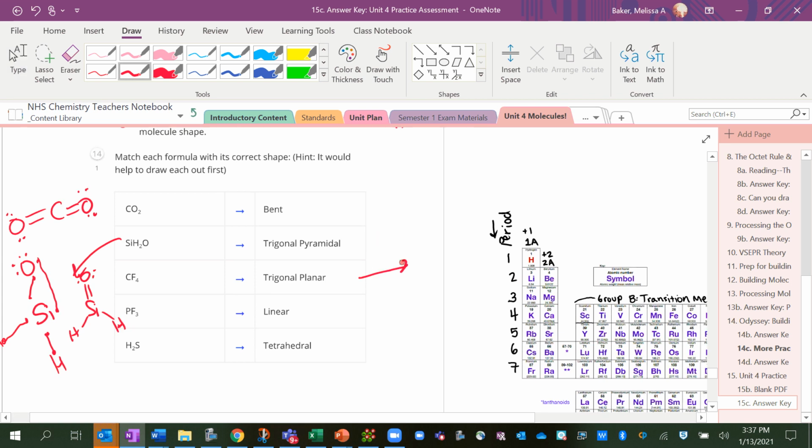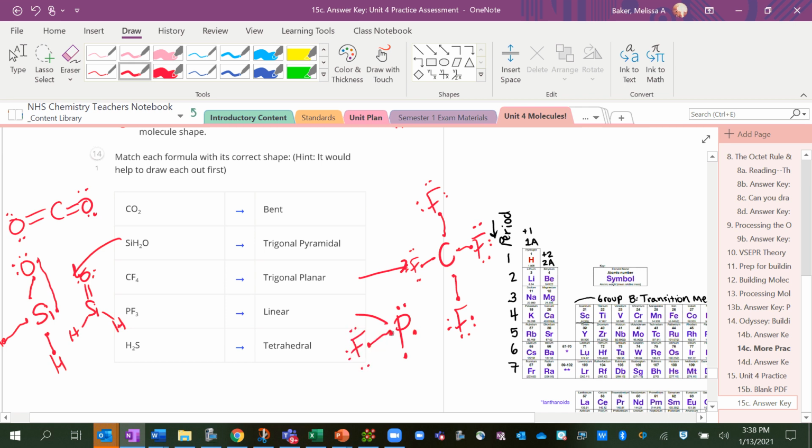And then let's draw CF4 over here. Carbon has 4. Each fluorine has 7. So there'll be 4 fluorines, 1 on each side of the carbon. And then PF3, P has 5 electrons because it's in group 5A.